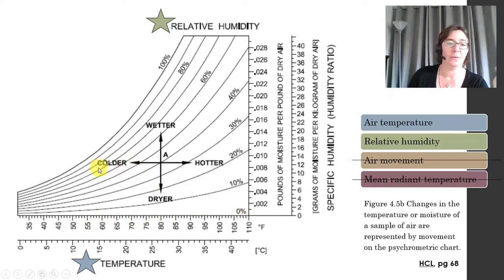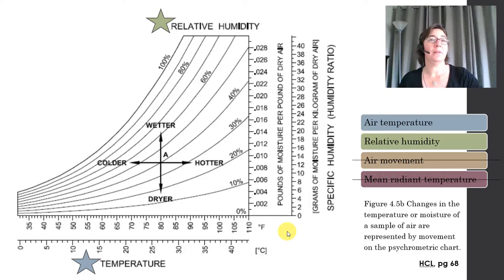All right, colder to the left, hotter to the right. On the right-hand side of the graph is your absolute humidity. But remember that absolute humidity varies by temperature. So what we're more interested in when we're talking about human comfort is relative humidity.